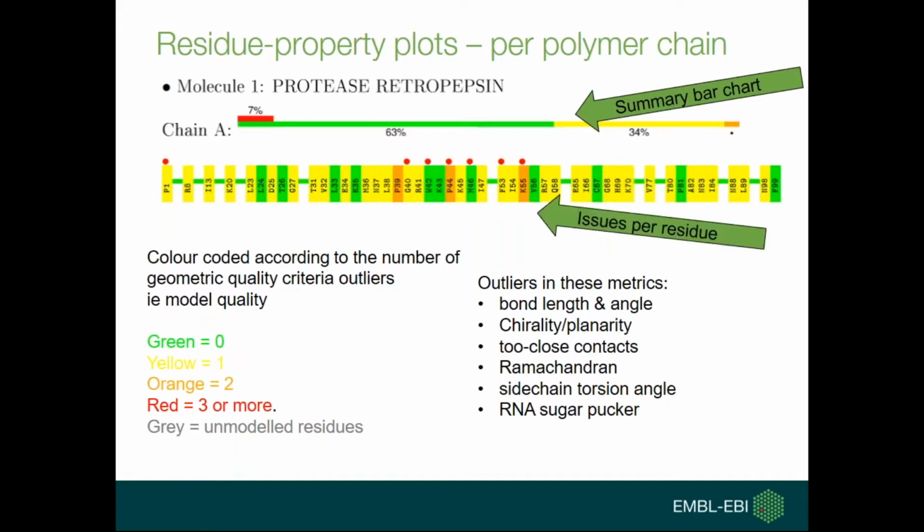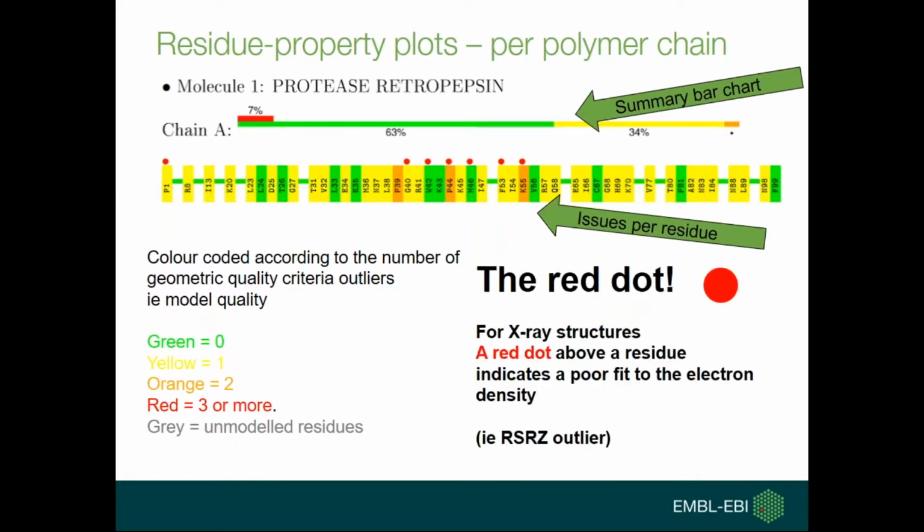The red bar over the top is equivalent to the red dot that appears over the top of those summary charts, and that's telling you the percentage of residues for which there's a poor fit to the electron density. That's the RSRZ outlier that we talked about earlier. So the red dot there indicates which residues don't fit particularly well to the experimental data, and in this case it's 7% of them.